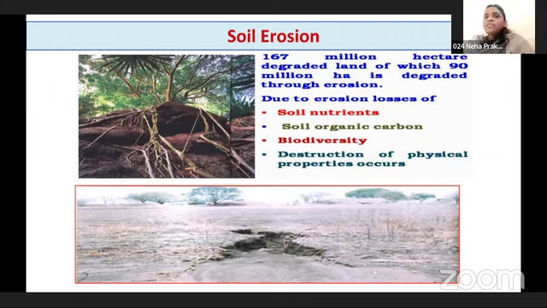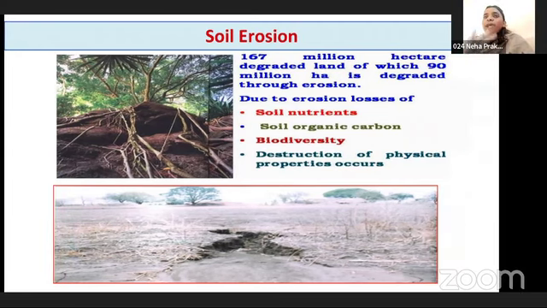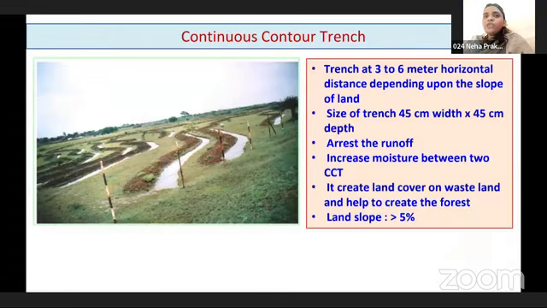So on that basis, there are many practices we have to adopt to control soil erosion. The first practice is the continuous contour trench. This is a method which we mainly use for steep sloping areas.